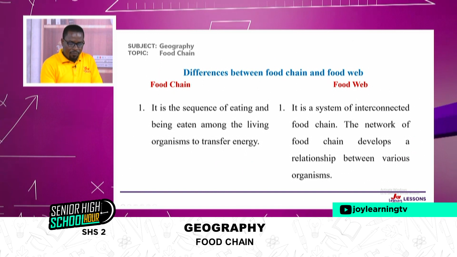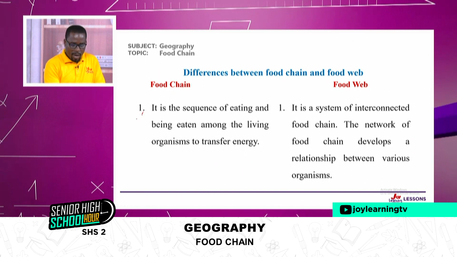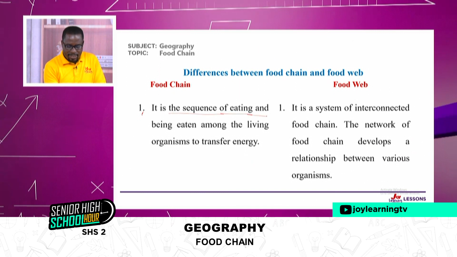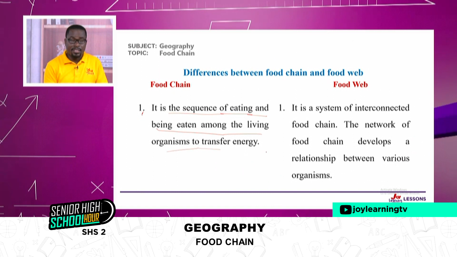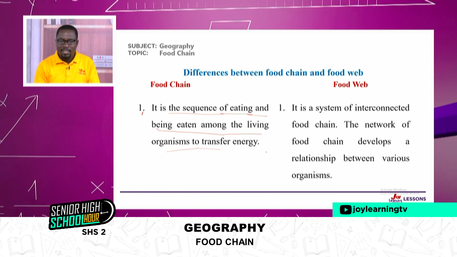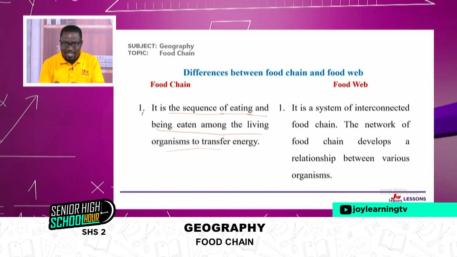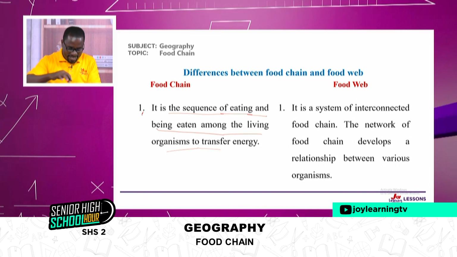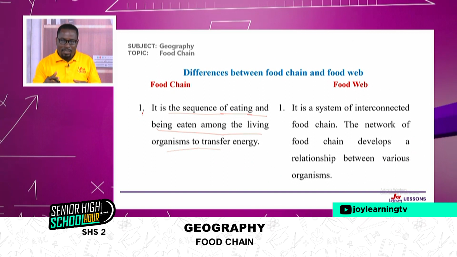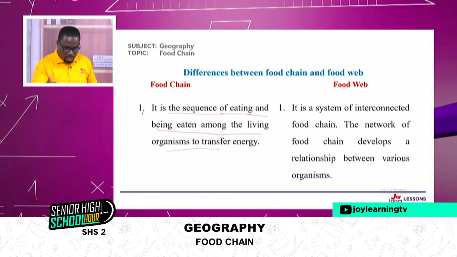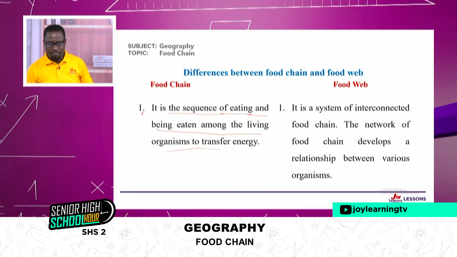Now, let's look at some differences between food chain and food web. So, number one, a food chain is the sequence of eating and being eaten among the living organisms to transfer energy. Now let's go to food web.